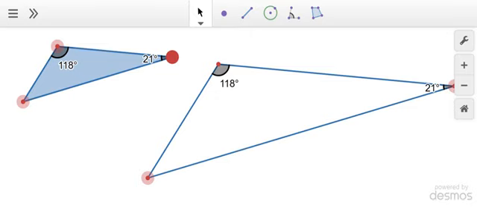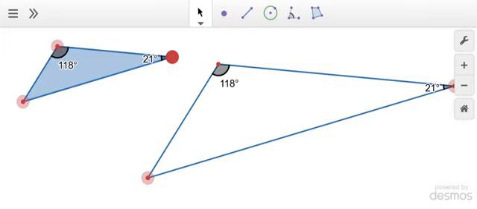What do they not have the same? Size, lengths, right? So we're not saying that they're identical triangles. If we said they're identical, we would use the word congruent. These triangles are not congruent, but they are similar.